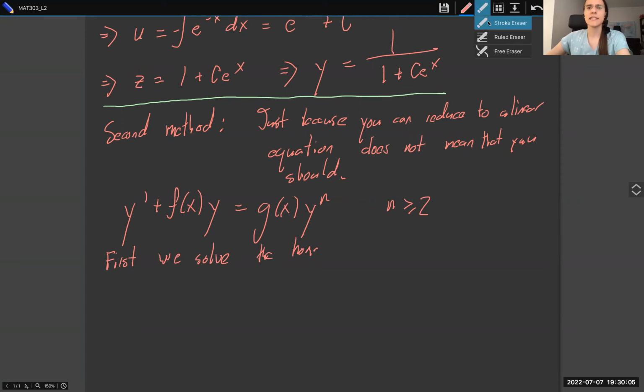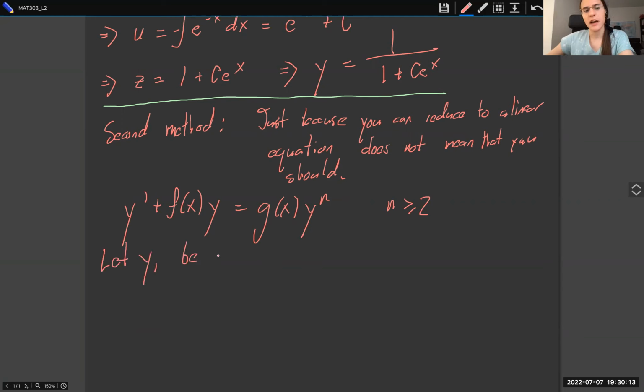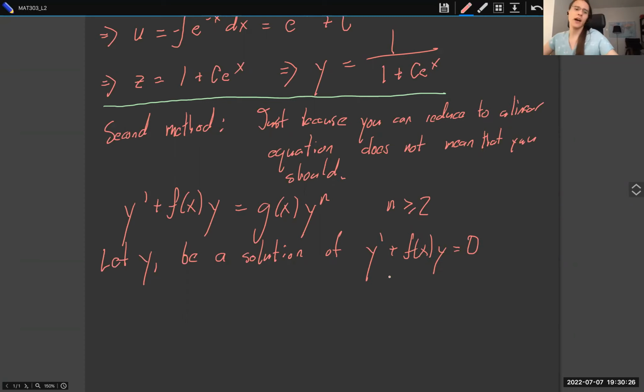Or rather, as we did for the variation of parameters, let y1 be a solution of y prime plus f of x y equals 0. Right? So y1 is a solution of the homogeneous equation.